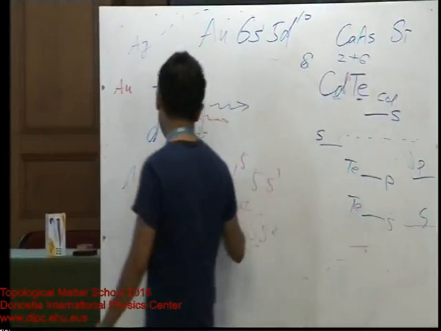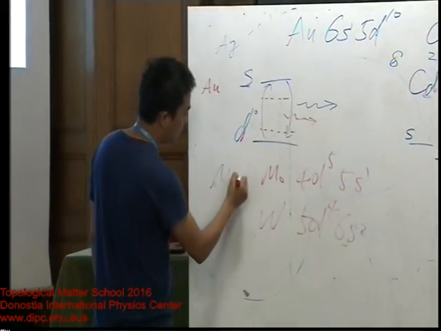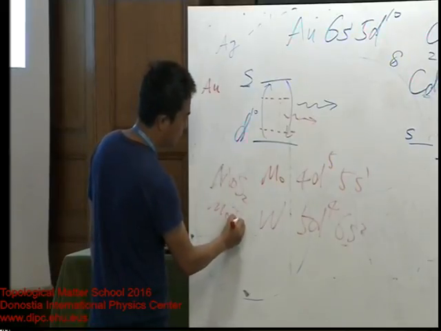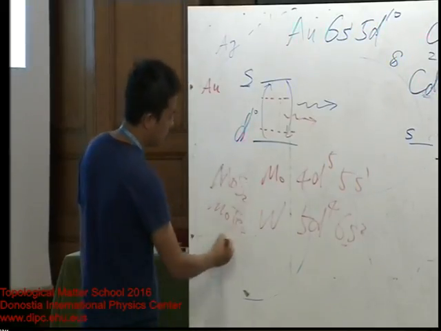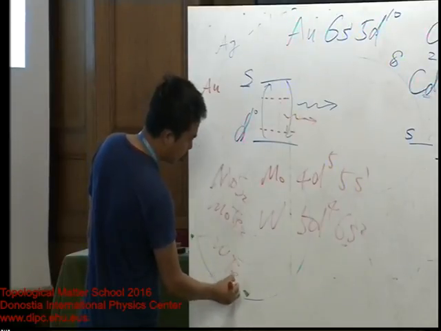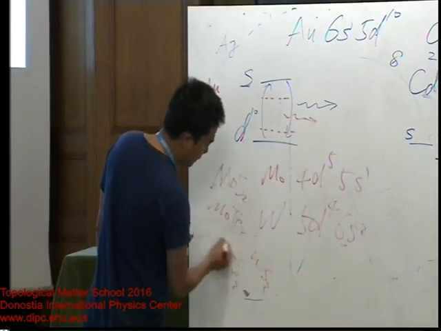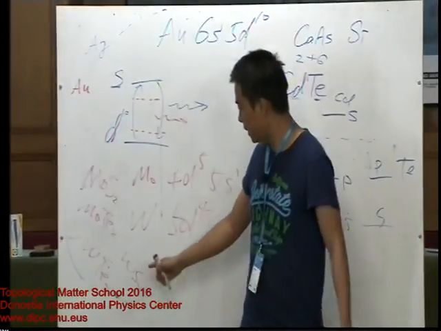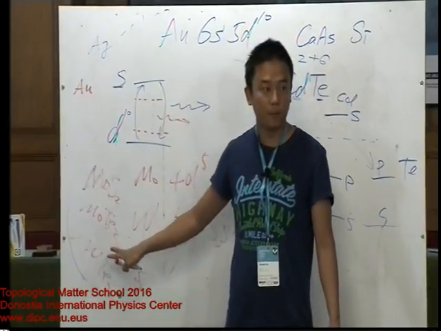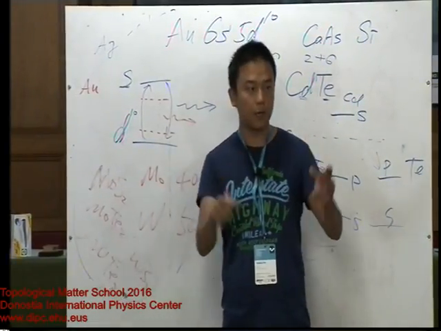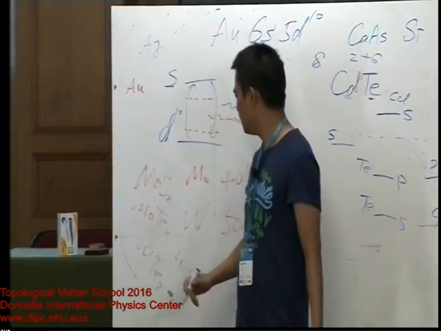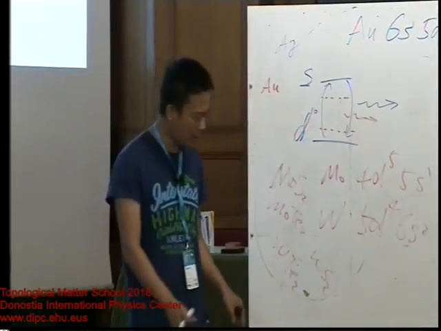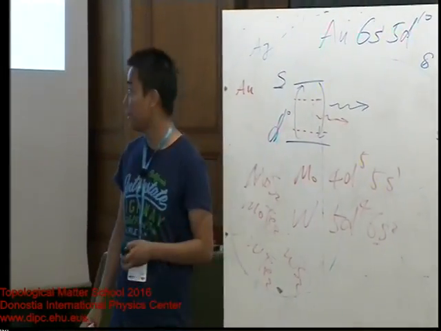For example, today we know there are many materials like MoS2 or MoTe2. But for tungsten, like WS2, the crystal structures are usually different from Mo. This one is usually a distorted lattice, not the perfect 2H or 1T structures. Usually the tungsten ones are generally distorted.